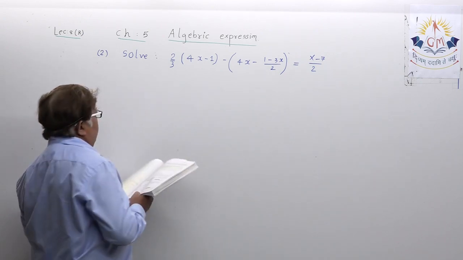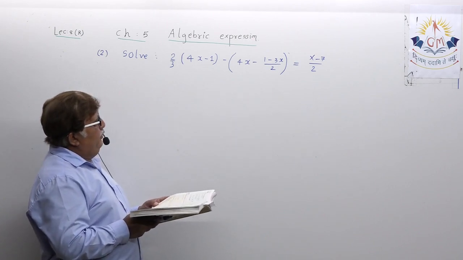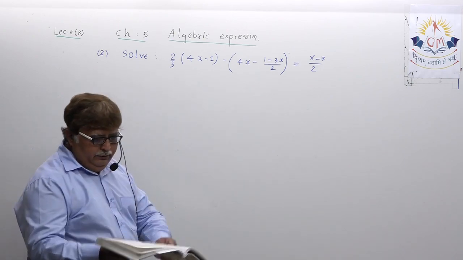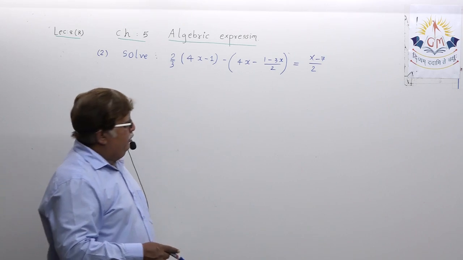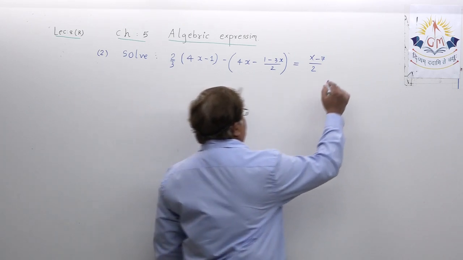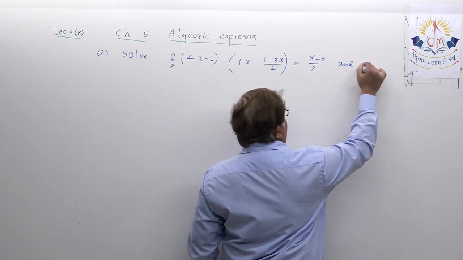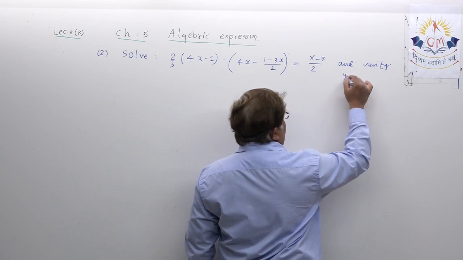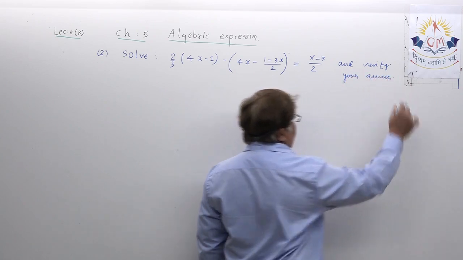This is the example. 2 upon 3 (4x minus 1) minus (4x minus 1 minus 3x upon 2) equal to x minus 7 upon 2, and verify your answer. This is the question.